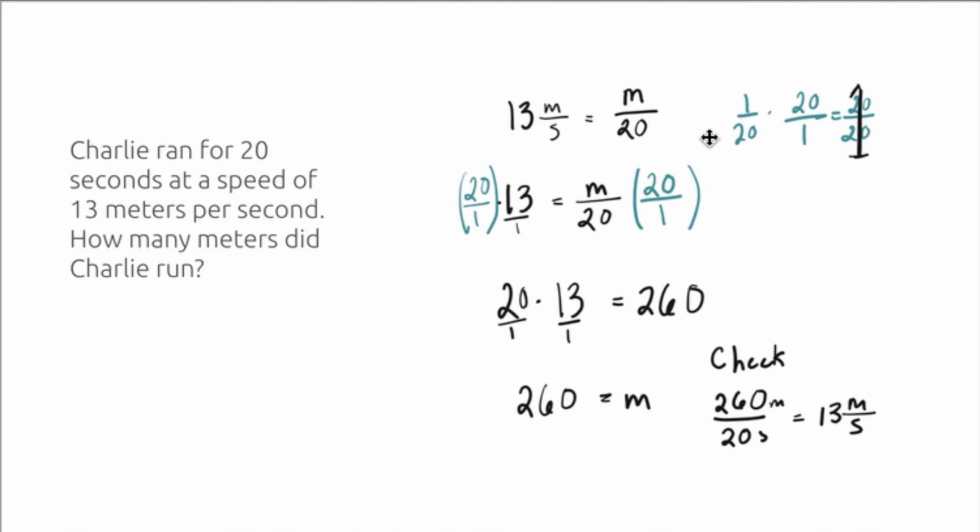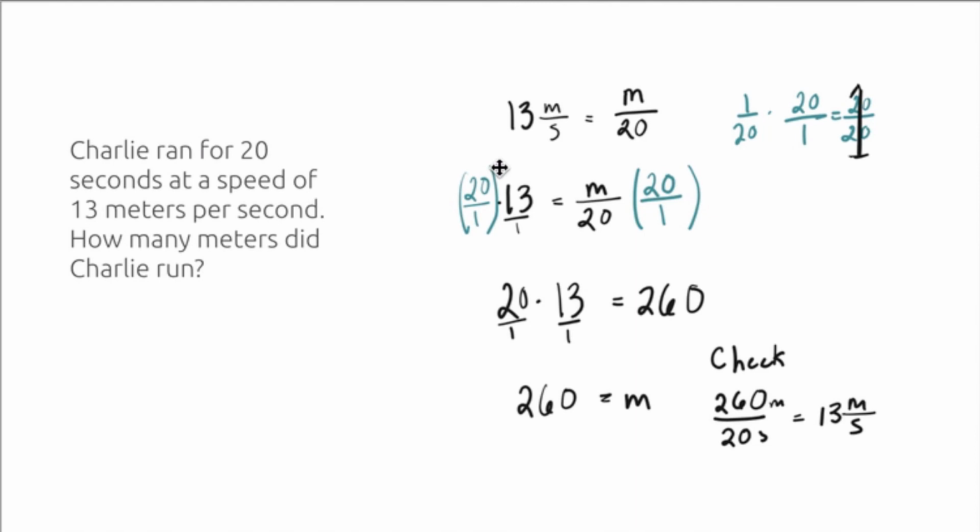All right, so what if we multiply our speed or our rate by 20? Well, on the right-hand side of the equation, we would have 20 over 20, which is equal to 1. It cancels out. But whatever we do to the right-hand side, the left-hand side has to have the same change, all right, to keep the equations equal.